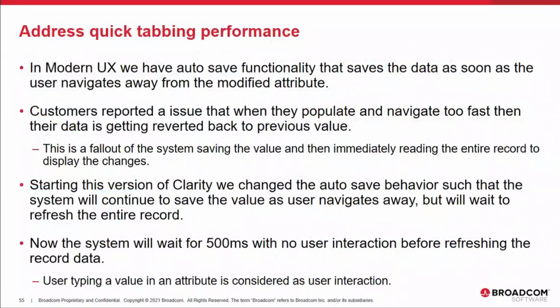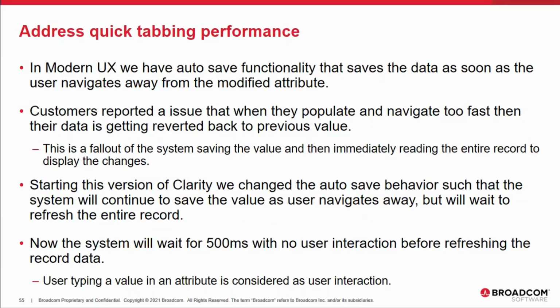Several of our customers, specifically those using SQL Server as our database on-premise, had reported a defect in the product where when they were populating the data and tabbing through in a fast manner, they were noticing that in certain cases, the data was getting lost. And the primary reason for that was that the way Clarity works is everything is in an auto save and auto refresh.